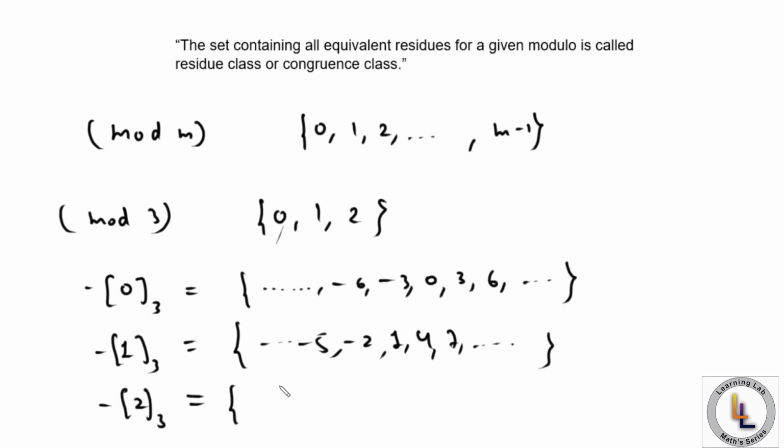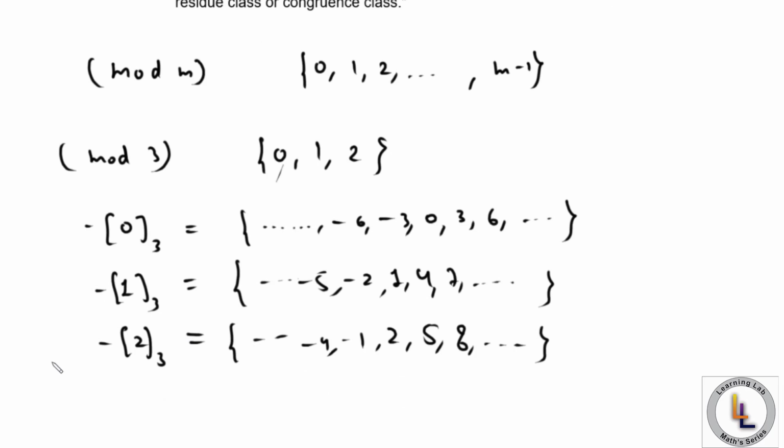This is 2, 5, 8 and so on, and on the negative side we have -1, -4 and so on. So for a given modulo m, there always exist m distinct residue classes. If we are dealing with mod 3, we have exactly 3 distinct residue classes: 0 modulo 3, 1 modulo 3 and 2 modulo 3.